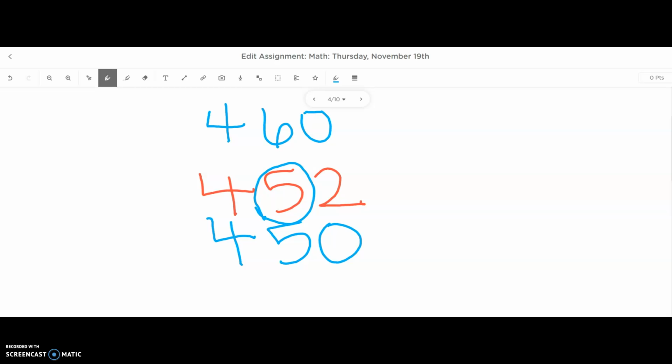Now we can apply our poem. Find the place and look next door. 5 and above, give it a shove. 4 and below, let it go. Our next door neighbor is a 2, and that is below 4, so I'm going to let it go, and it's going to stay at 450.